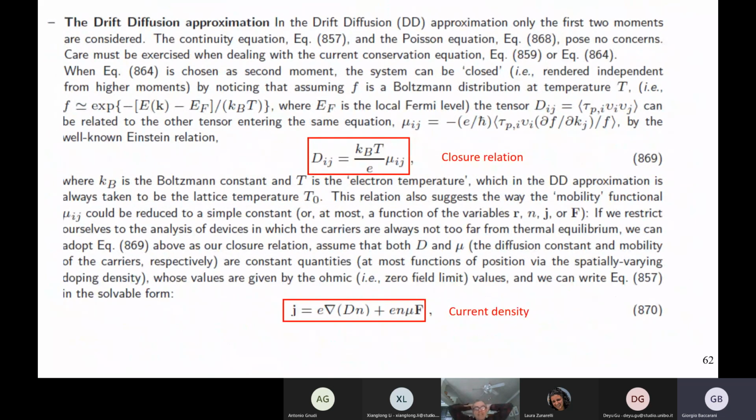Actually, it seems to me that the Einstein relation can be generalized in the context of the hydrodynamic model, considering as temperature not just the lattice temperature, but the carrier temperature. So it's a sort of generalization of the Einstein relation.